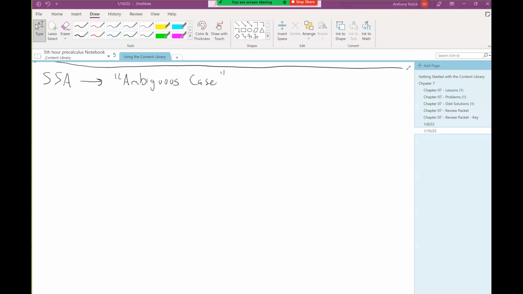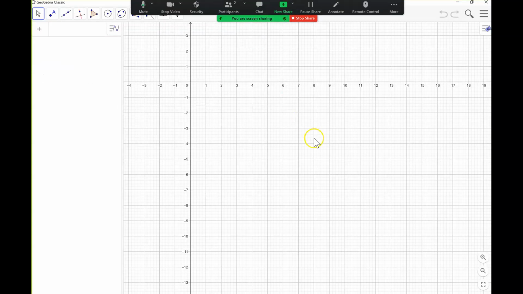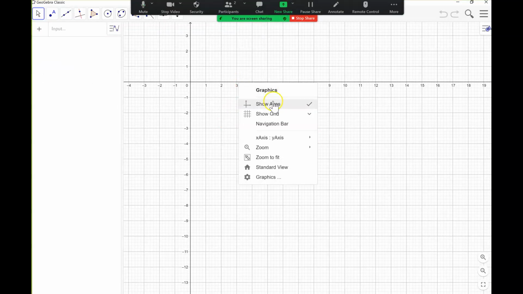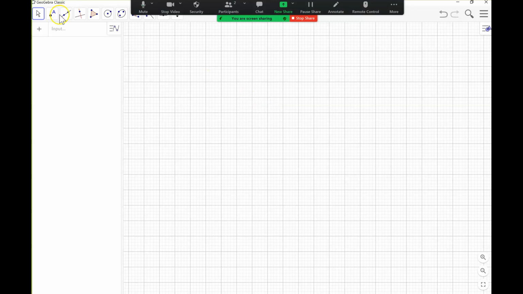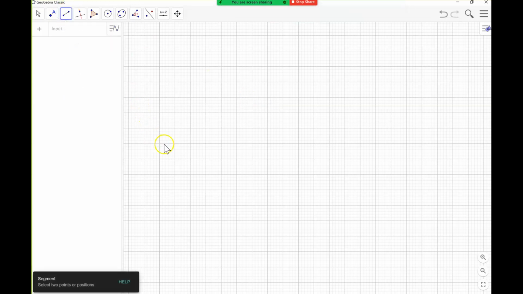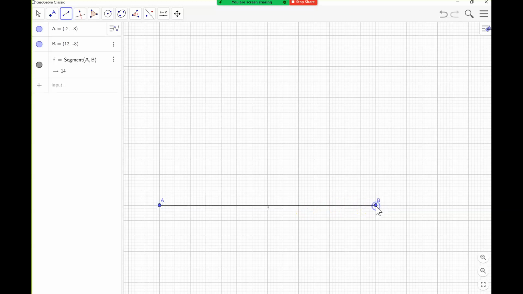because, well, it turns out that you can have 2 triangles that have side angle congruence, but do not have triangle congruence. So let's just demonstrate that here.